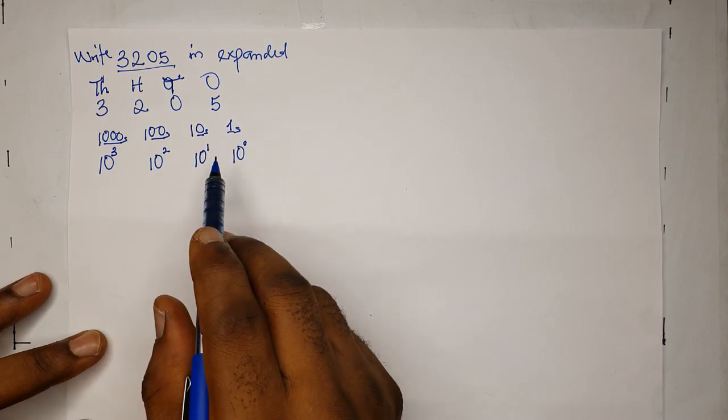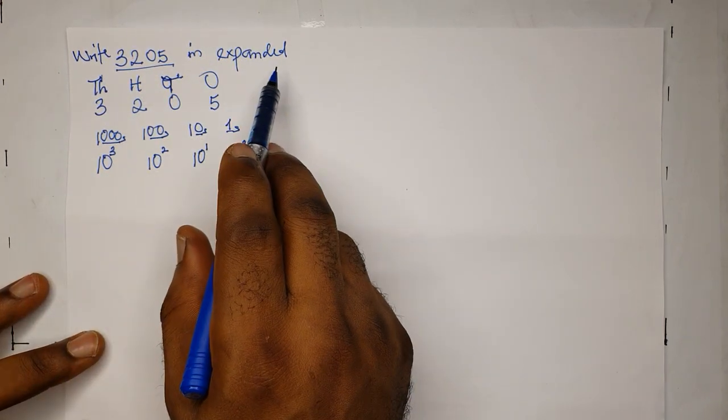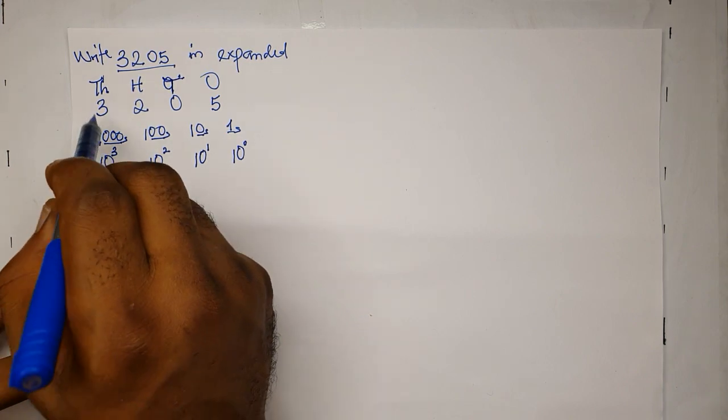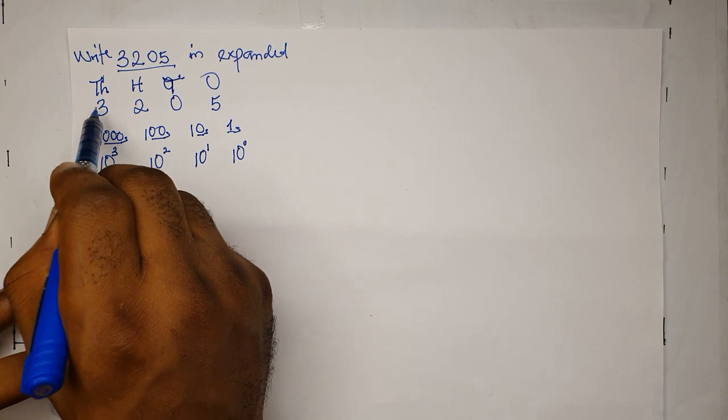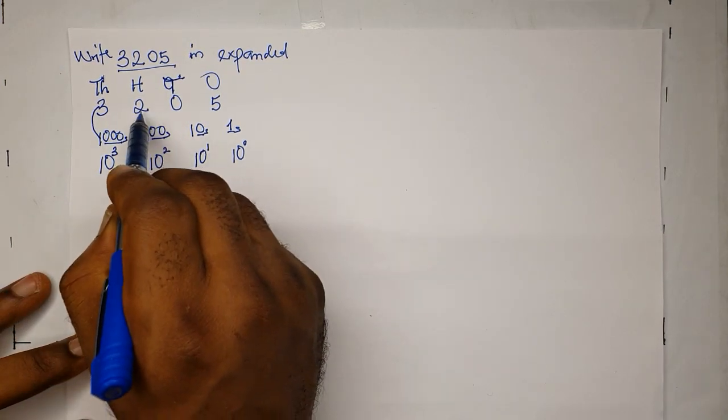So one way for us to fix the expanded form of this will be to write each of these digits that make up 3205 multiplied by their corresponding place values.